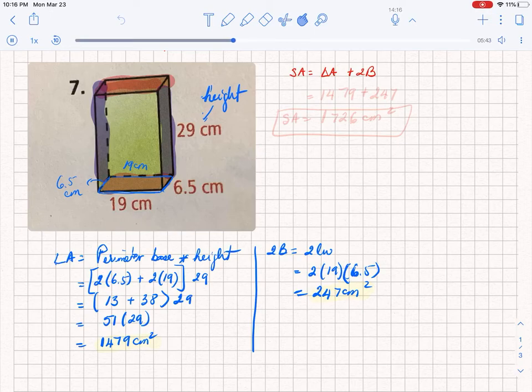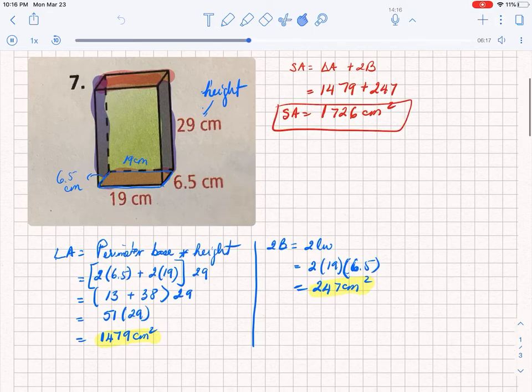Once I have these two, I just need to combine them as a surface area. Surface area is equal to 1479 plus 247, and that should give me 1726 centimeters squared as the surface area.